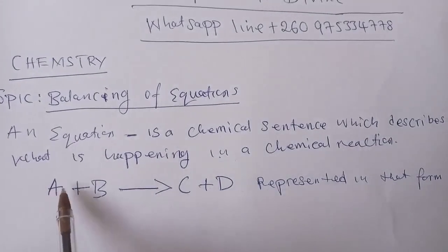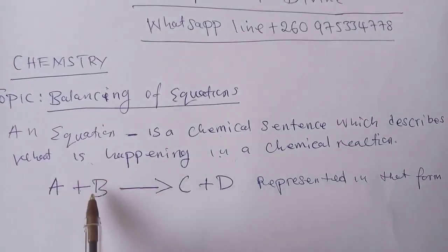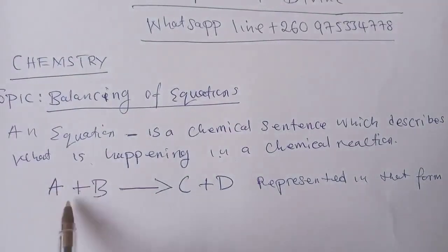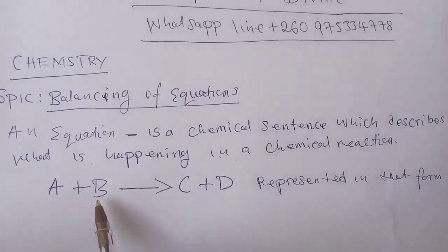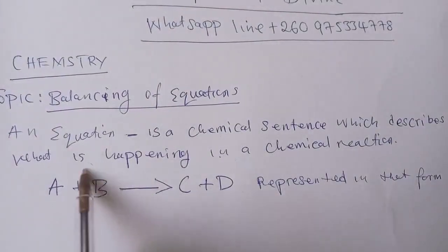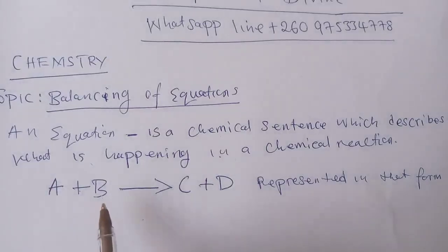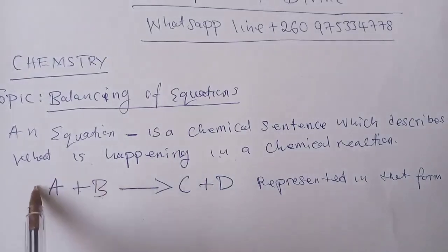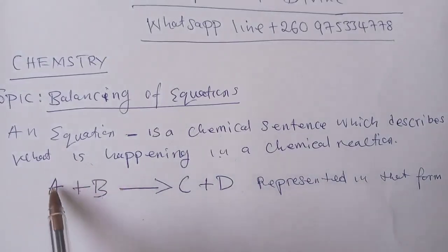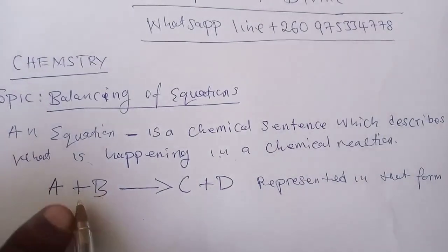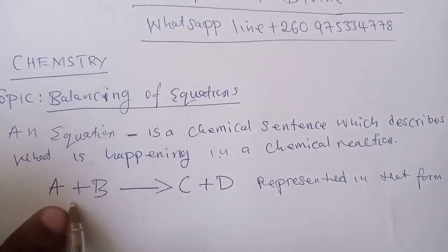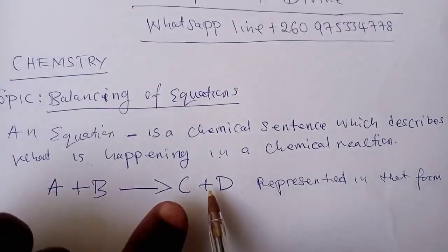These, on your left hand side, represent the reactants. The reactants are substances at the beginning of the reaction. So when these two react, they will produce what we call products.